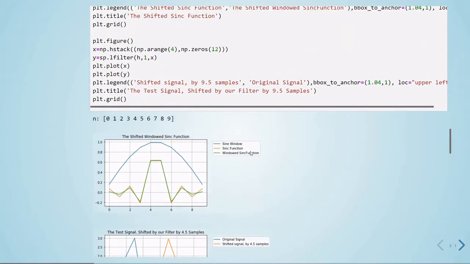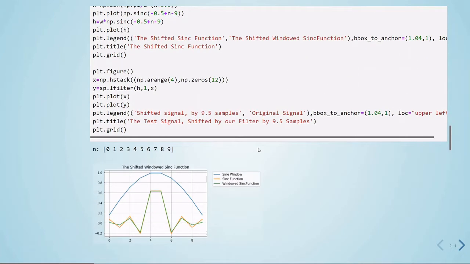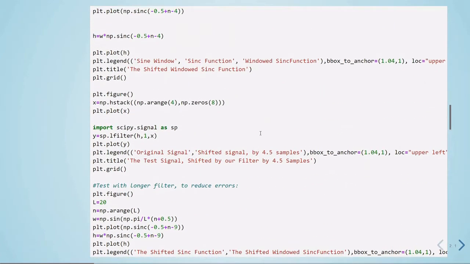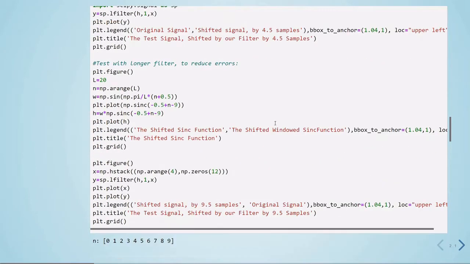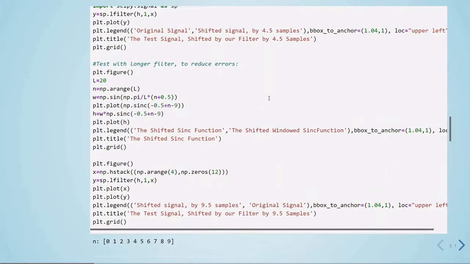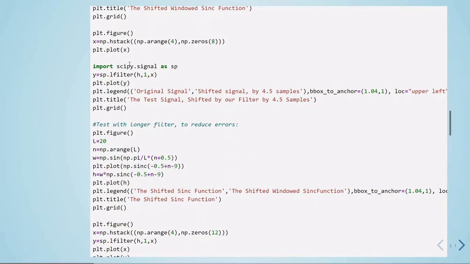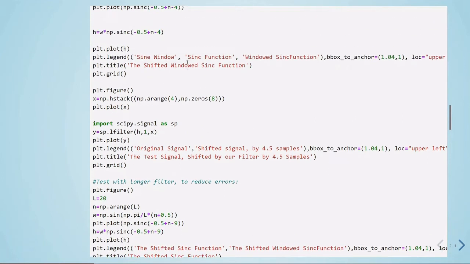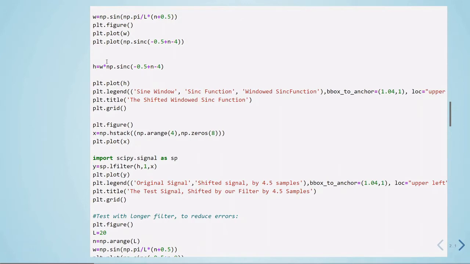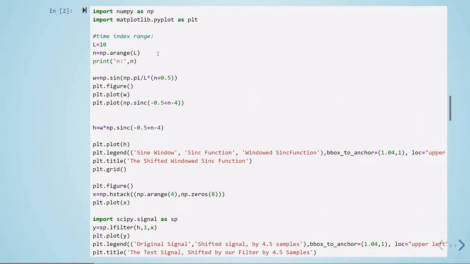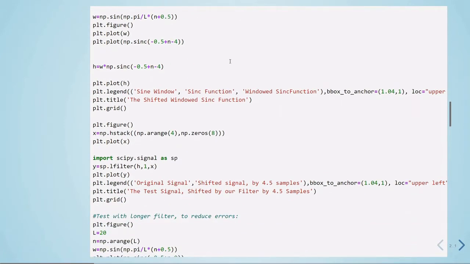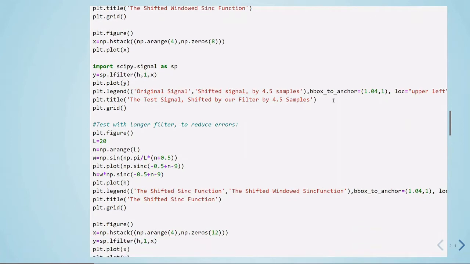We will use this windowed sinc function to filter a test signal. Now we import SciPy to use lfilter, and we filter our test signal with the impulse response that we obtained by applying a sine window to a sinc function, and then we plot.